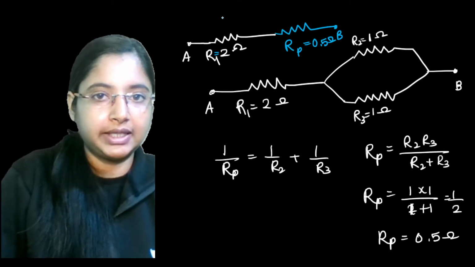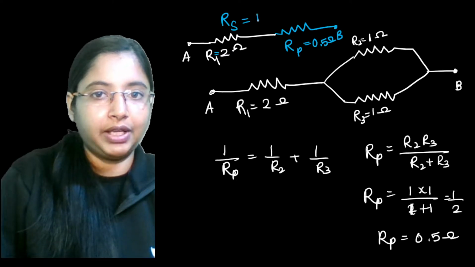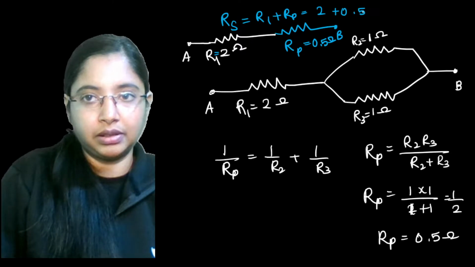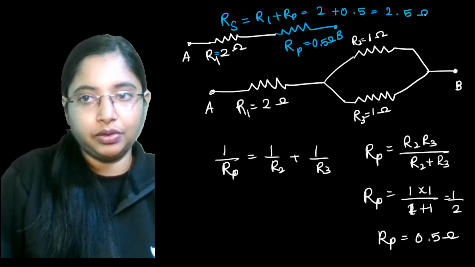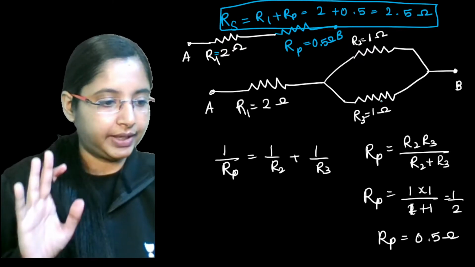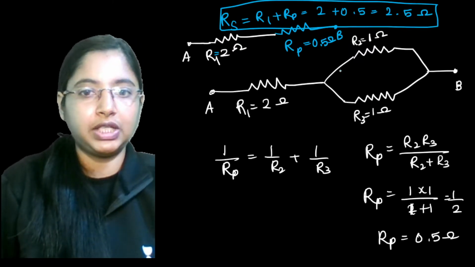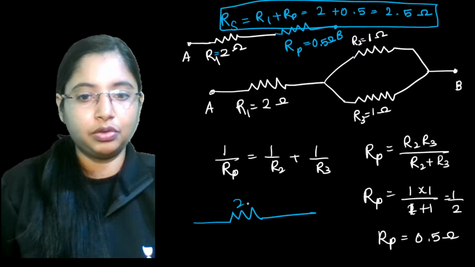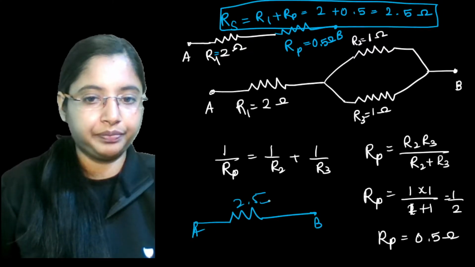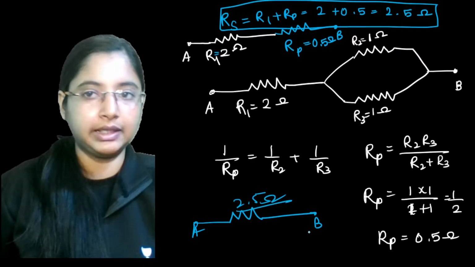If these two are in series, then we have to add them together. This will be 2.5 ohms. Instead of these three, you can simply use a 2.5 ohms resistor in the circuit and you will get the same answer. This is your equivalent resistance in this case.